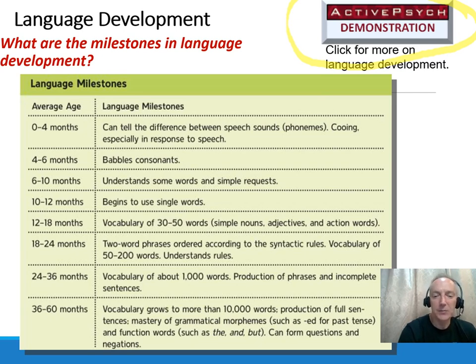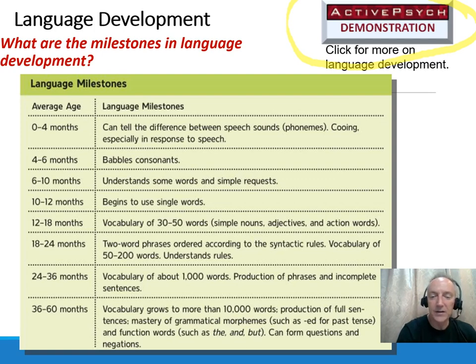Another thing to keep in mind about language development is that receptive language develops before expressive language. That means kids are able to understand what is said to them before they are able to say something themselves.